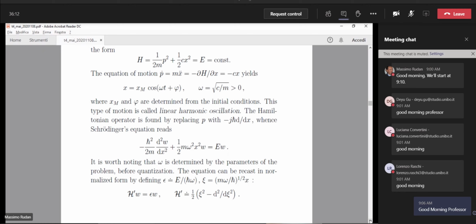So qualitatively, it is like the difference of two squares, okay? And you know that the difference of two squares can be factorized.